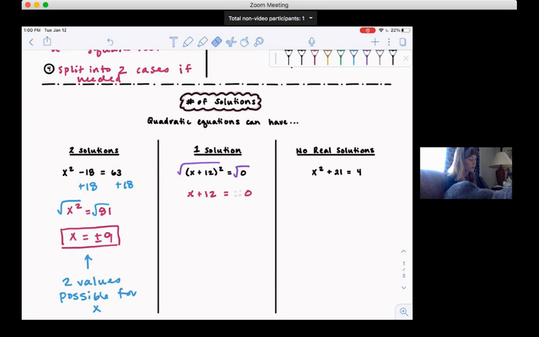So for 0 only, we don't have to worry about plus or minus, and we can just say that if x plus 12 squared equal to 0, then x plus 12 is equal to 0. Okay, now we keep solving, so we're going to subtract 12 from both sides, and we end up with x equal to minus 12 as the only solution to this equation. So there's only one x value that works.